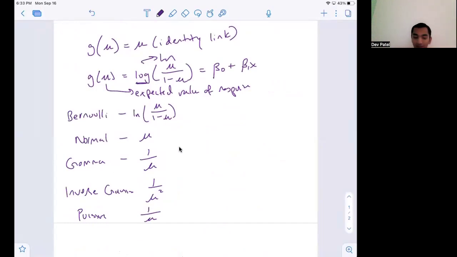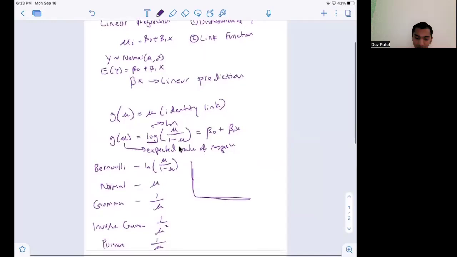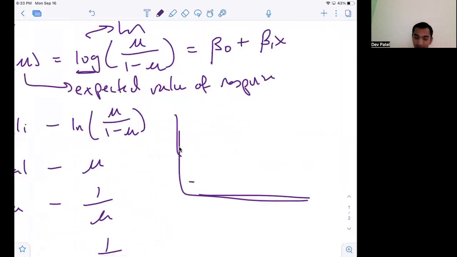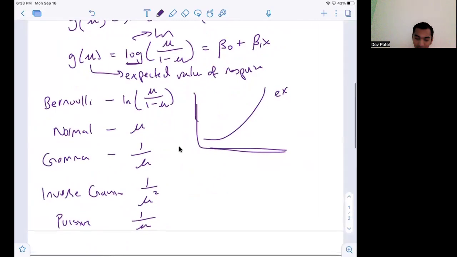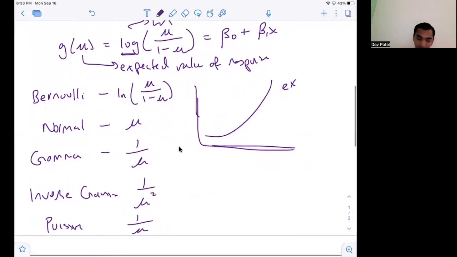You can think of the link function as really the relationship between our linear predictors. So if we expect a general trend, let's say this is exponential, or I guess we can think of this as normal. Yeah, that's actually linear regression.